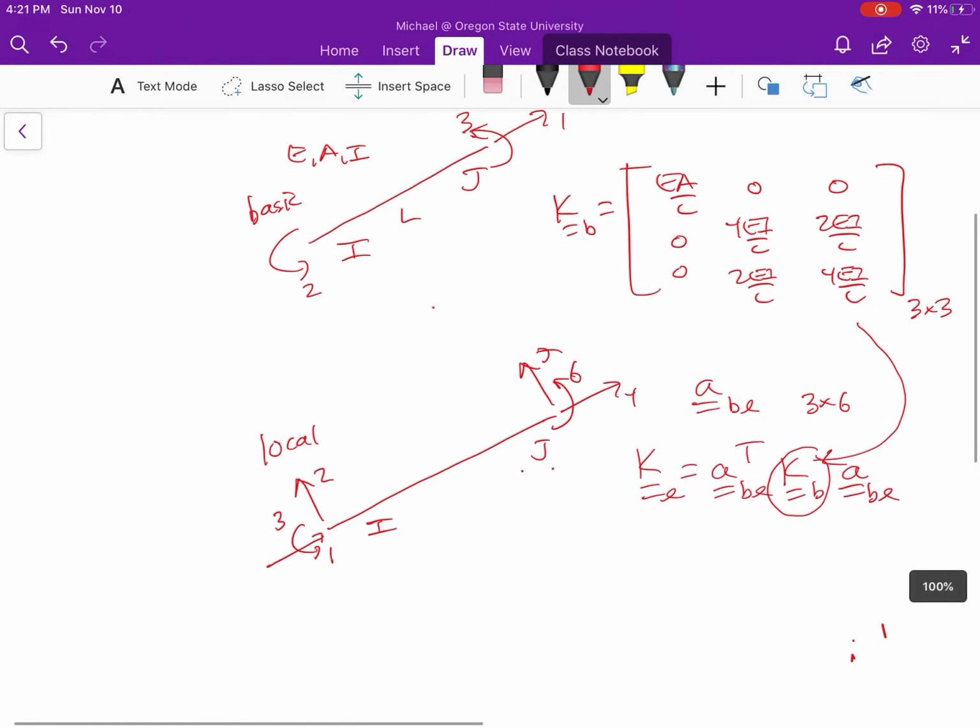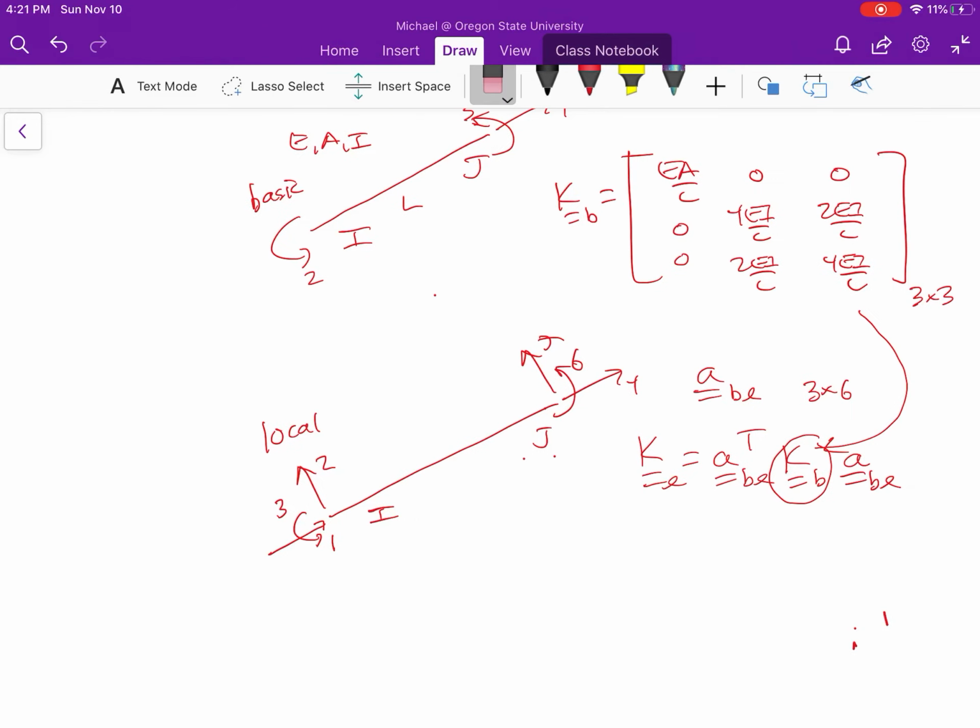I don't want to write out all the local stiffness. You can see it in your lecture notes, but it has the rigid body modes. The first column is EA over L, 0, 0, negative EA over L, 0, 0, and the second column is 0, 12 EI over L cubed, I think it turns out to be, and then 6 EI over L squared, and so on.